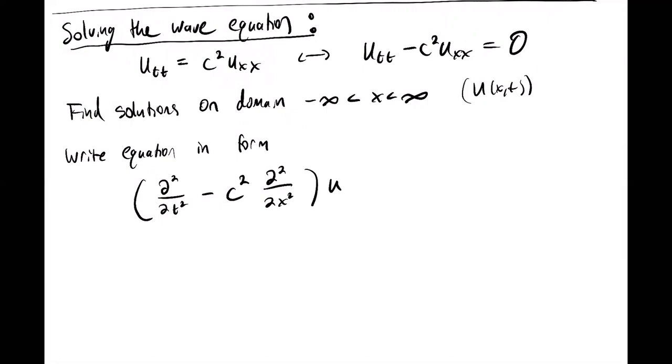And so if you look at this formulation in terms of these different derivative operations, this should remind you of a formula from algebra. Let's say you have some number a squared minus some number b squared. Well, remember you can factor this as a minus b times a plus b.